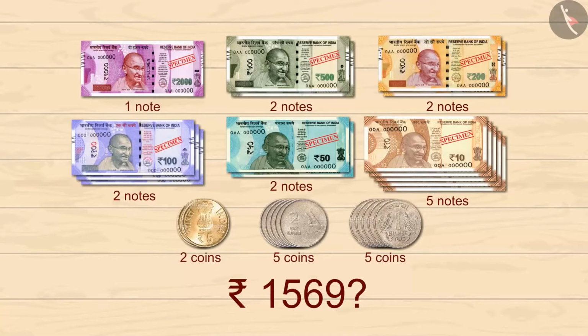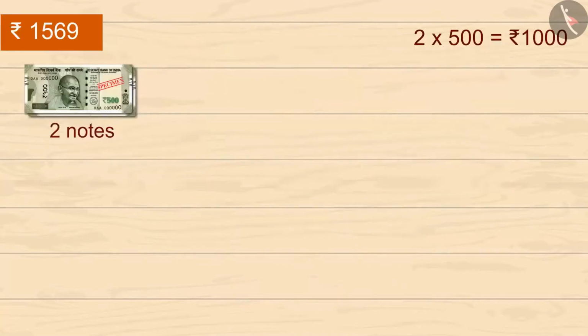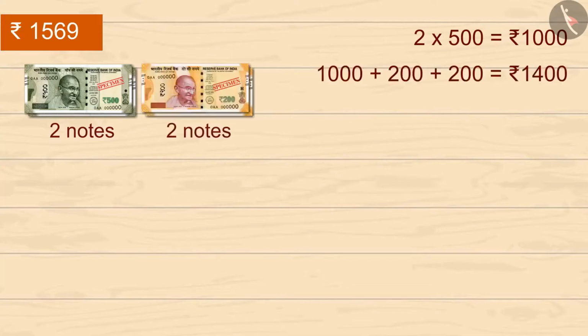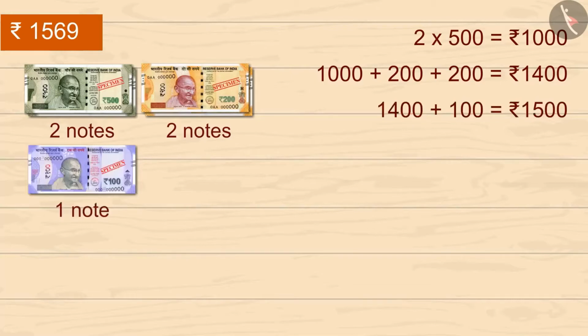First we'll take 2 notes of 500. It will make 1000 rupees. Then 2 notes of 200 each. So 1000 and 400 gives 1400. Then we'll take 1 note of 100.